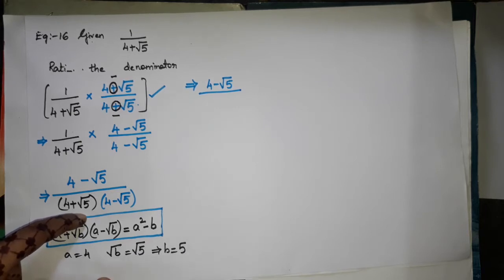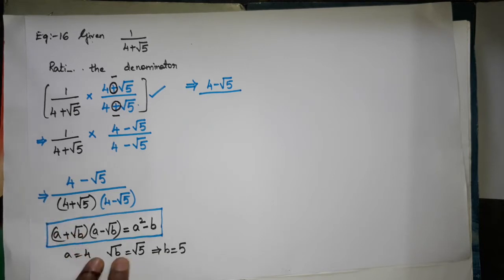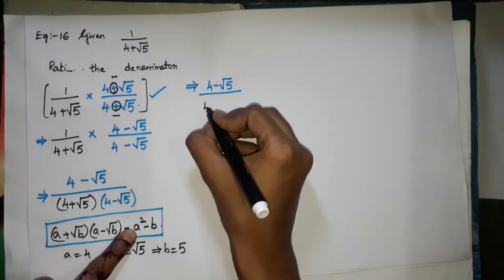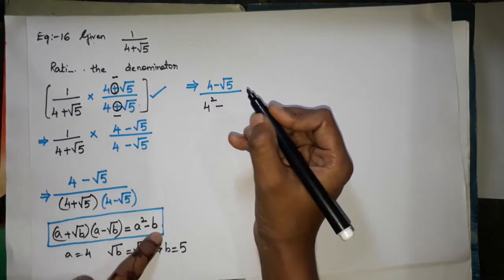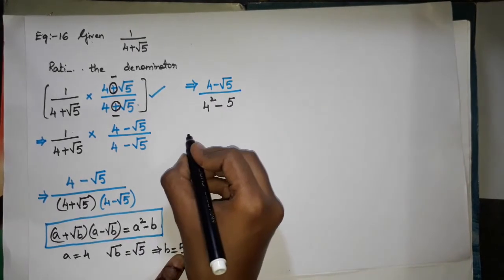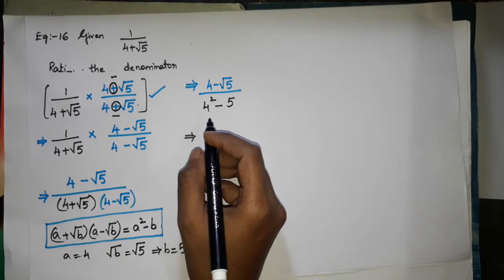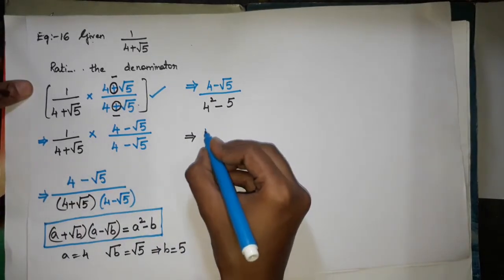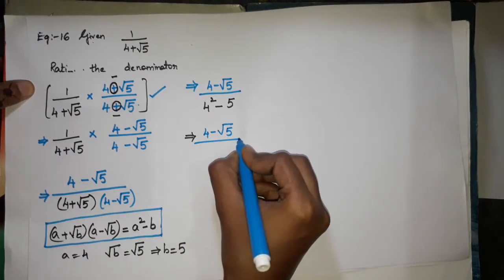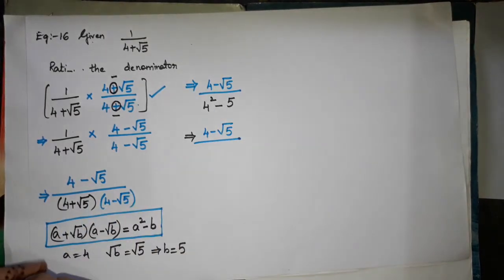Yes or no? The square and root will cancel off, right? So b is equal to 5 will be our answer. So what is a now? a is nothing but 4. 4 square minus, what is b? b is nothing but 5. Now 4 minus root 5 divided by 4 square is nothing but what?